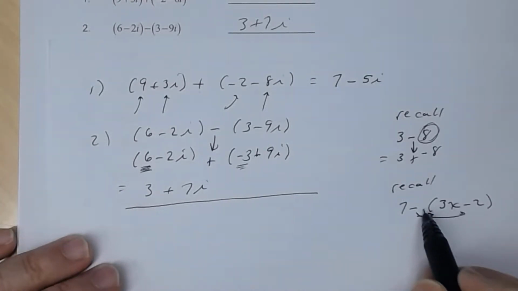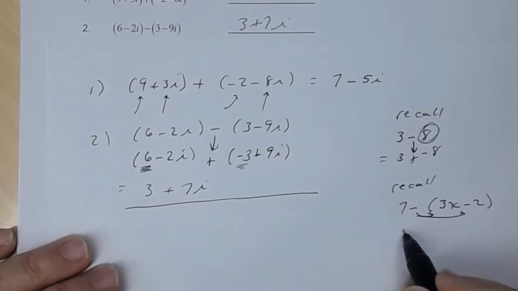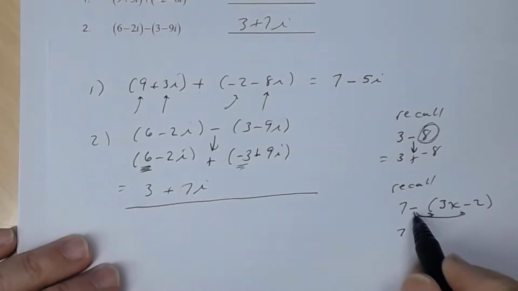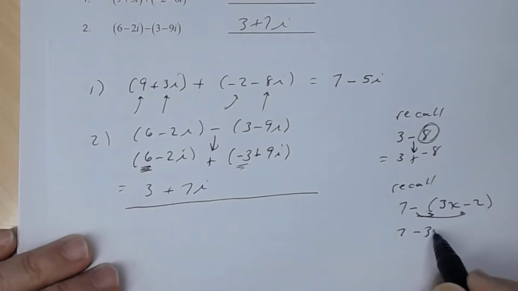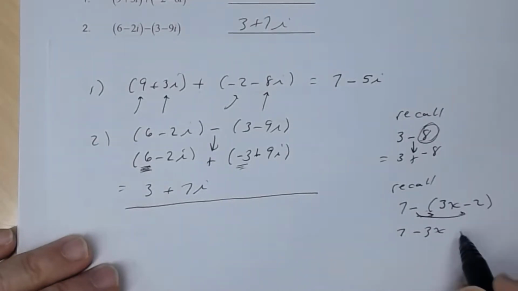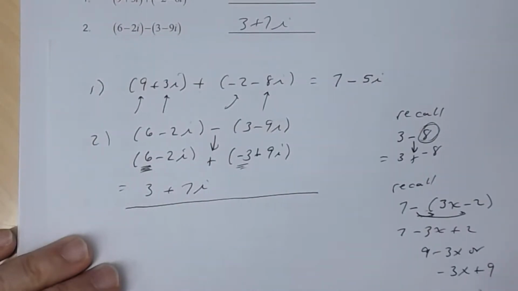So you distribute the negative 1. Remember, this is understood to be negative 1. So you'd say 7, negative 1 times 3x is minus 3x, and then a negative 1 times a negative 2 is a positive 2. And so you get 7 plus 2 is 9, so you get 9 minus 3x, or negative 3x plus 9. All right, so you use that idea here.